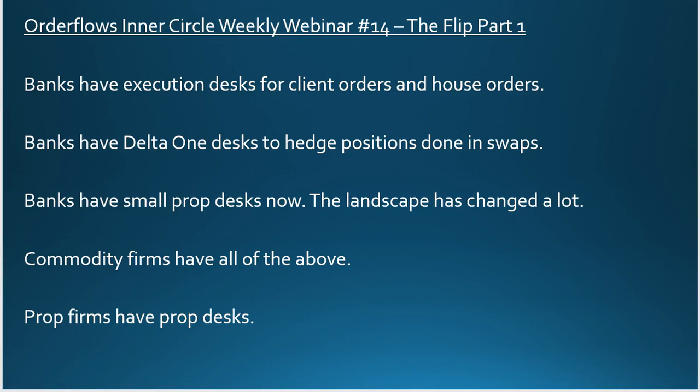If they do a swap deal, the reason it's called Delta 1 is because you can think of it in terms of an option. Say it's a delta of 1: for a 1 point move in an option, the future should move 1 point. So when you're trading swaps and you have a hedge, and the price moves in one direction, you have to hedge it in the opposite direction.